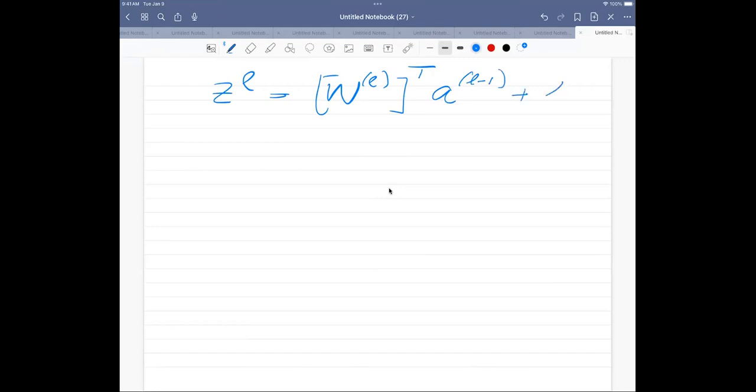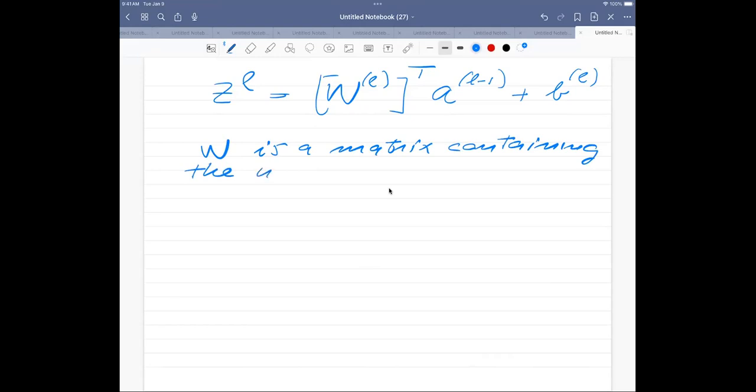And then it contains this bias from layer L. And sometimes I'm going to skip this parenthesis around the L's here. So you have a matrix W with unknown parameters. So W is a matrix containing the unknown parameters which we want to train.